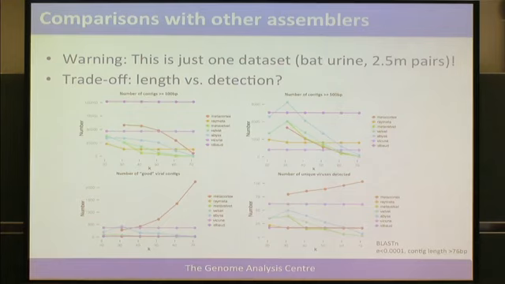assemblers. So IDBA UD and Vicuna have a single k-mer setting, so they're shown as straight lines in these graphs. But the same sort of trade-off is seen in the different assemblers, really.